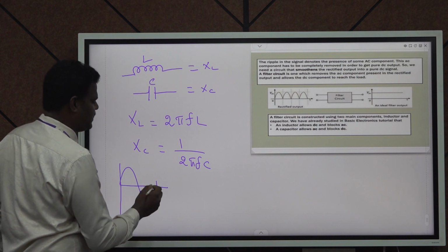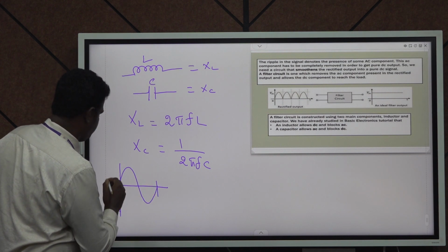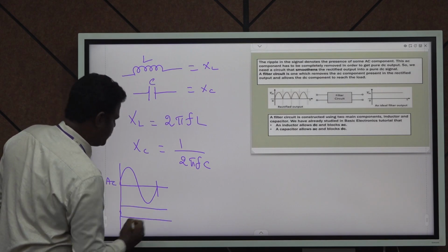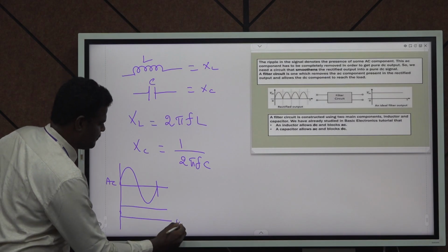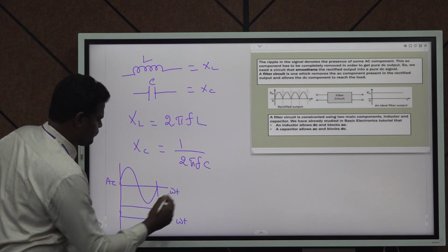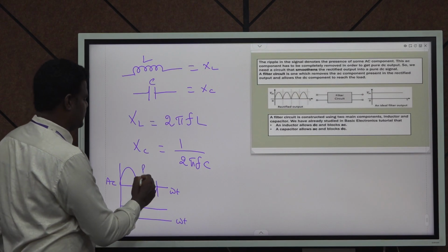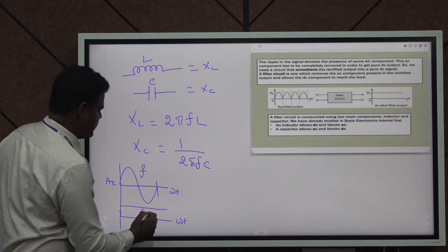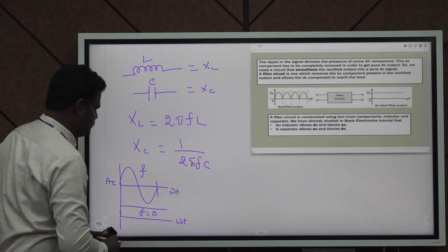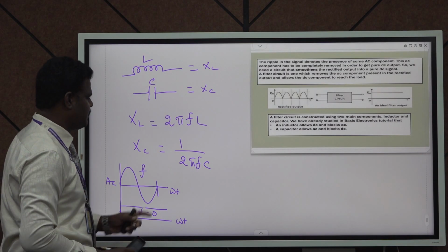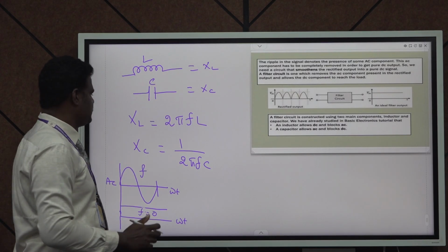For a DC circuit, we don't have any frequency; it is a straight line. So in AC we have an F value, and in DC, F is equal to 0. We are going to substitute the F value in both cases.